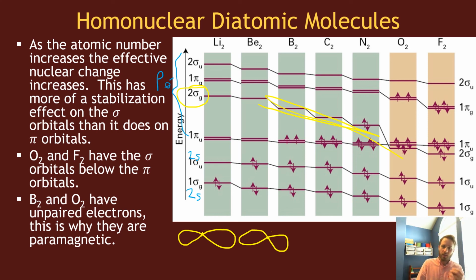That's why the sigma bonding orbitals in the p space decrease so much faster than all the others. And that is why you get this unique case where for oxygen and fluorine, the p sigma orbitals are lower in energy than the pi orbitals, while for the other diatomic molecules, the pi orbitals are lower in energy than the sigma orbitals.